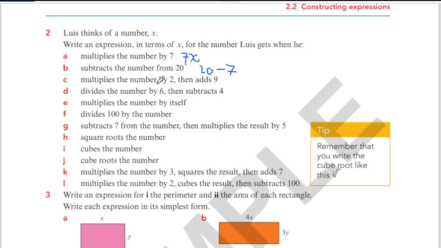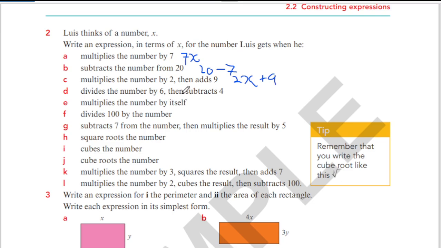Next, multiply the number by 2, then add 9. Multiply the number by 2, so it will be 2x. Then add 9 to it, so it will be 2x plus 9.